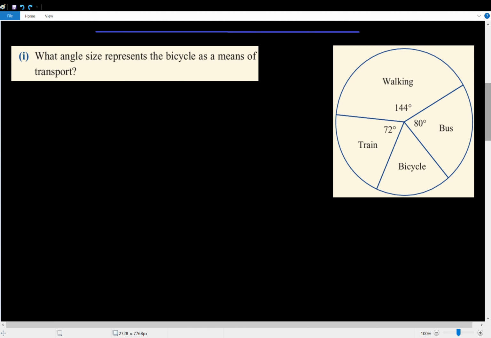So all of these four sectors, the angle inside each of them should add up to 360 degrees because that is what a full rotation is equal to.